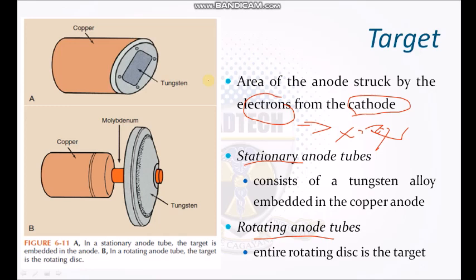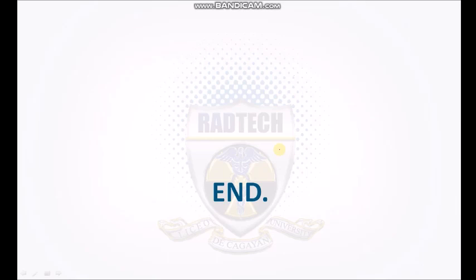It also uses an X-ray tube with a rotating anode because tremendous amounts of heat are being produced, and it needs to dissipate that heat faster. So that's why the target is being rotated. Okay, so that's the end of the lecture.